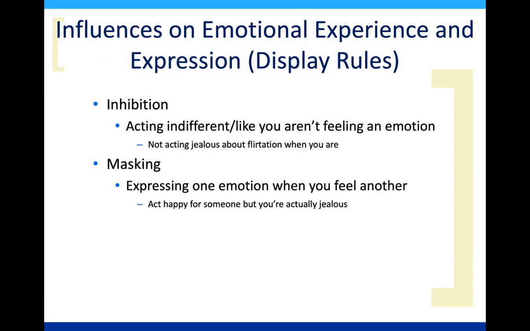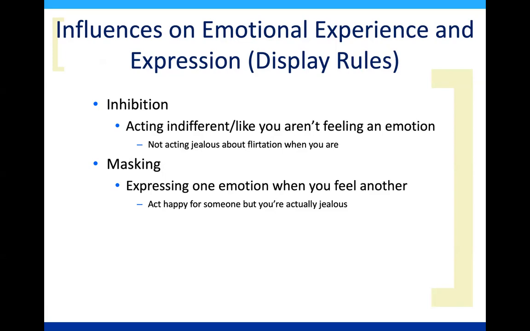You don't want to show them that you're jealous, because that's one of those emotions that we're supposed to feel guilty about, or that isn't acceptable in a relationship. You're supposed to feel comfortable, and so on. So we may inhibit our emotion in order to act in the way that we think that we should, or that we've been programmed to do.